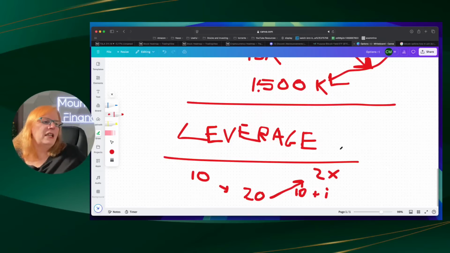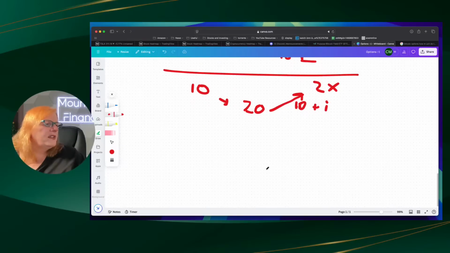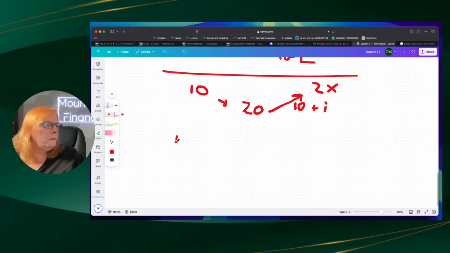So in this case, let's just say $10 a share, to make it easy. Let's say you had 10 and you were going to do, actually, you know what?